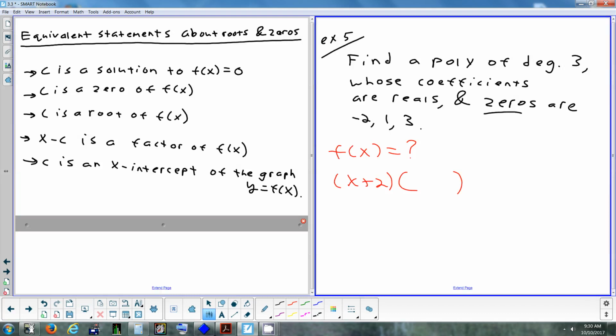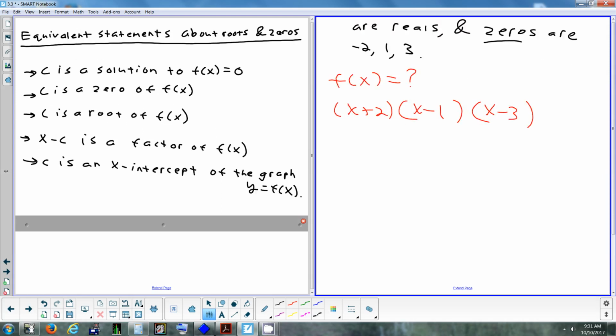What about if 1 is a 0 of our polynomial? What else do we know? If 1 is a 0. Yeah? x minus 1 is another factor. And lastly, if 3 is a 0 of f of x, x minus 3 is a factor.